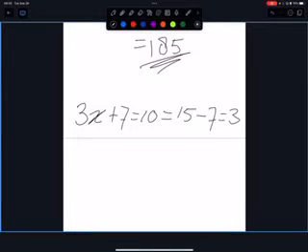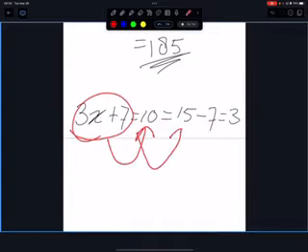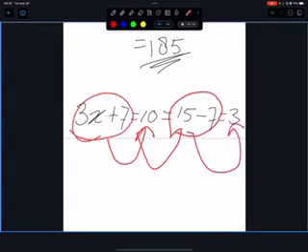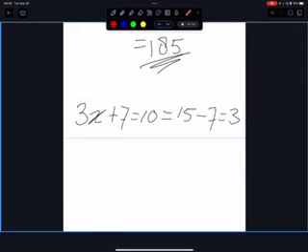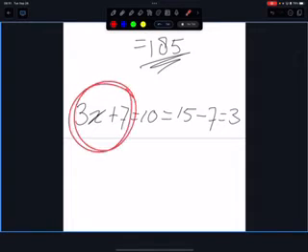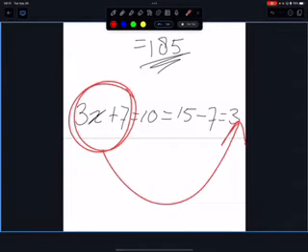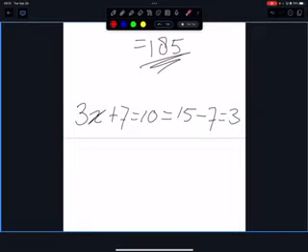Of course, the numbers make no sense, but you do this. This is saying 3x plus 7 is the same thing as 10, which is the same thing as 15 minus 7, which is the same thing as 3. It is not the same thing. So when you work equations, it's from top to bottom. Because equal sign means whatever you have here is the same thing as what you have there. That is the equal sign. So make sure you know how to work. The most dangerous sign in mathematics, the equal sign.